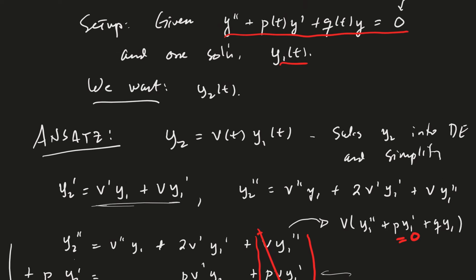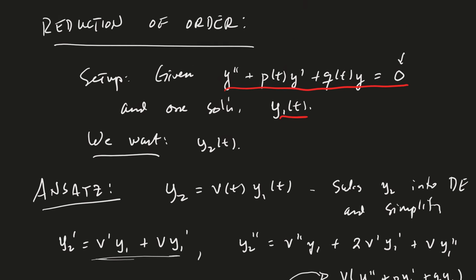So again, this is called reduction of order, and the way it works is that you're given a second order differential equation and one solution, and you're trying to find a second solution, and you want y1 and y2 to form a fundamental set.